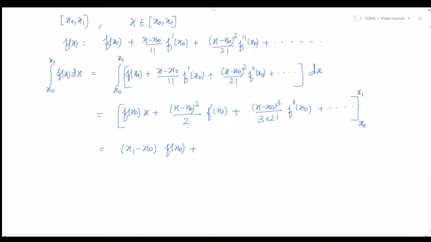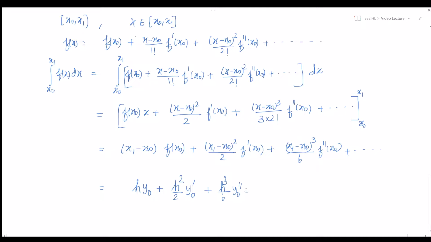In the upper limit we have (x1 minus x naught) the whole squared by 2 into f dash of x naught, plus (x1 minus x naught) the whole cube by 6 into f double dash of x naught, plus etc. This x1 minus x naught is the step size, so it is h. Thus we get h into f of x naught, which is our y naught, plus h squared by 2 into y naught dash, plus h cube by 6 into y naught double dash, plus etc.